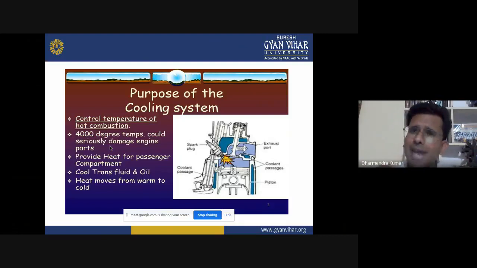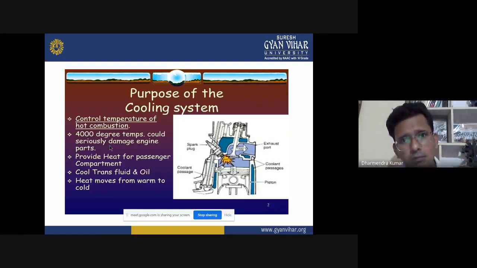So we have to provide enough cooling system around the cylinder. By applying the cooling system around the cylinder, it decreases the rising temperature which increases during the combustion process.